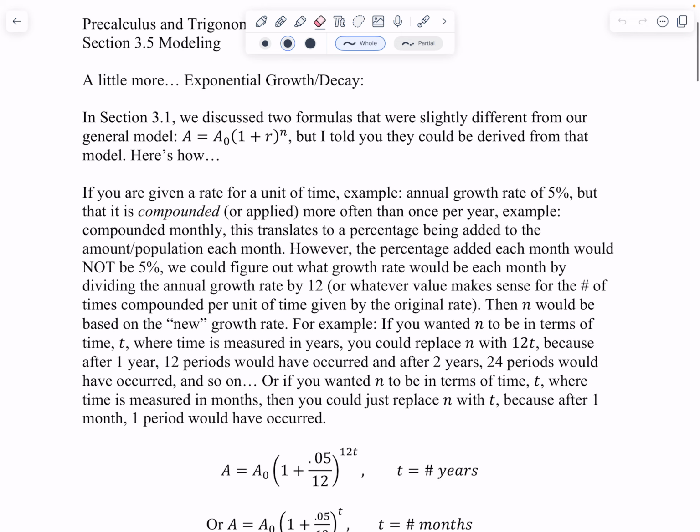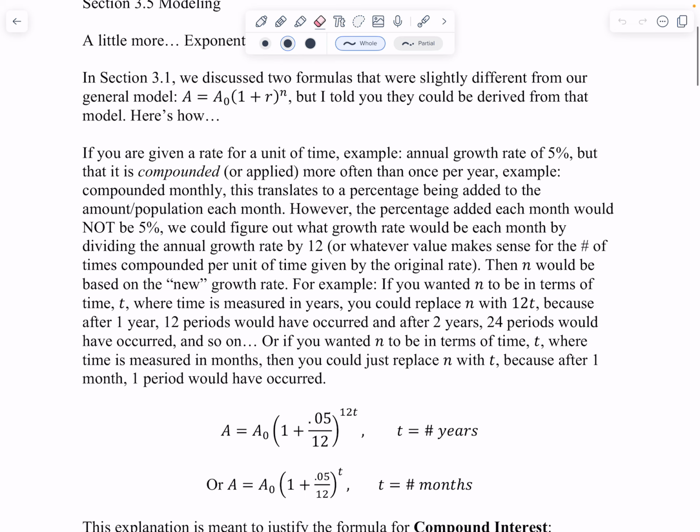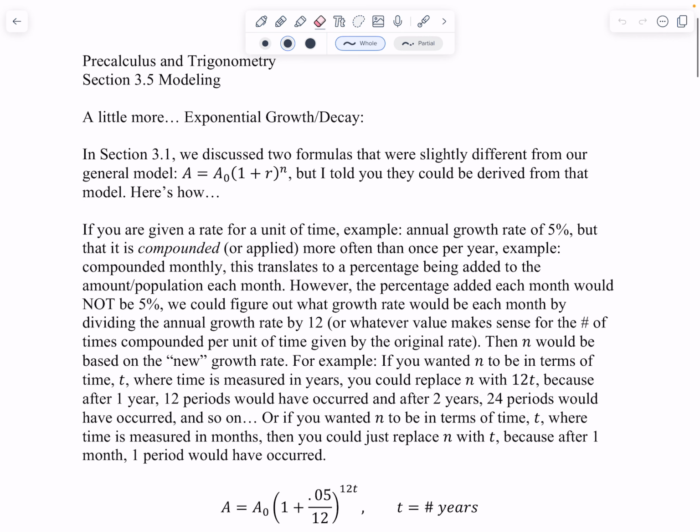So you can read all of this. This is what we've talked about previously: if we're thinking about exponential growth or decay and you're presented with a growth rate, but you're also told that it's compounded or applied more often than the period that's referenced with that growth rate, then you can think about that growth rate actually being divided.